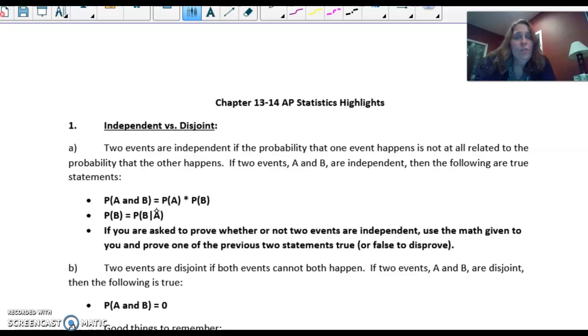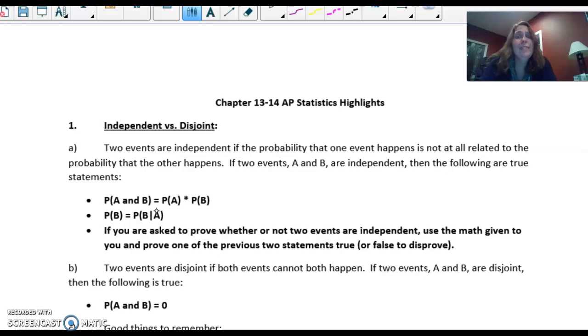The other term that we used a lot and sometimes people got confused about was disjoint. Two events are disjoint if both events cannot happen together. So for example, we have one front seat, shotgun, next to the driver. We can't have two different people sitting there at the same time. There's only one seat, only one seat belt. There is only one body that's going in that seat.